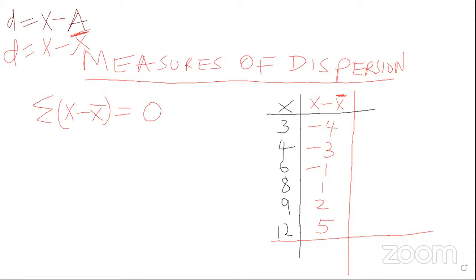That's accurate. Then write somewhere in your notes, if you are making some notes, that the sum of deviations from the real mean, or from the actual mean, will always add up to 0.